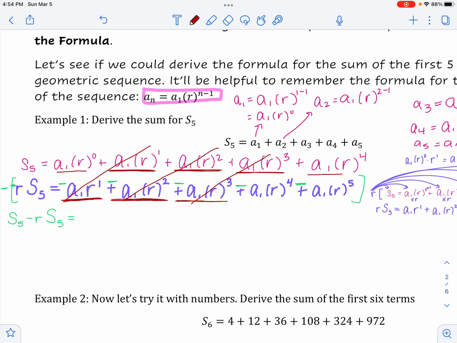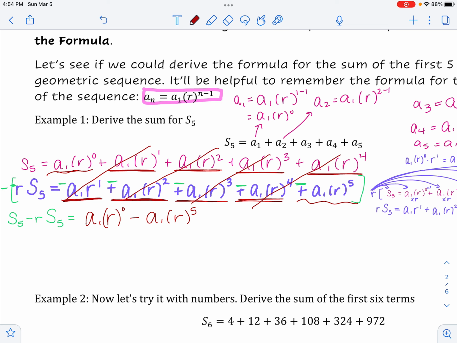I've got a1r to the 4th and a negative a1r to the 4th. Those two will cancel out. And I'm left with this last term and this first term. So a lot of things that we got away with not writing. I've got a1r to the 0 power minus a1 times r to the 5th.